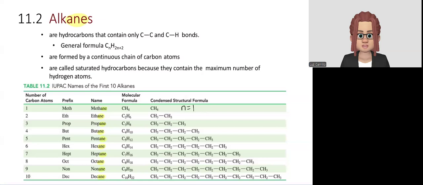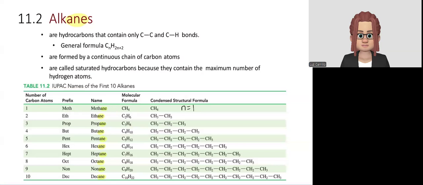According to the equation CnH2n+2, that carbon atom is going to have 4 hydrogens. For 1 carbon atom, the prefix is meth. And since it is an alkane, the name of this molecule is methane.